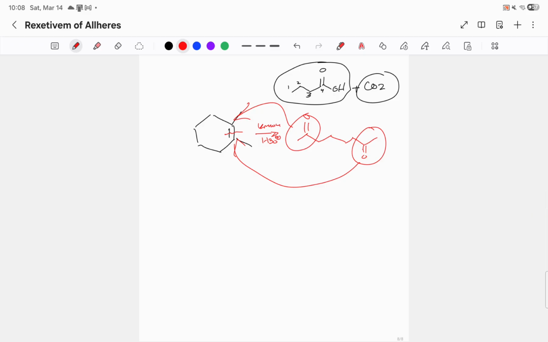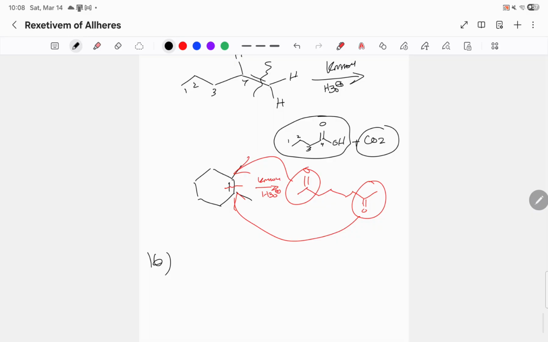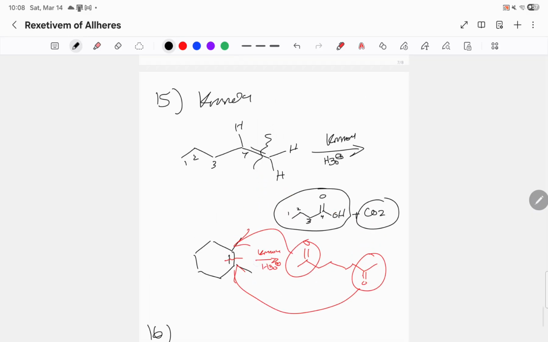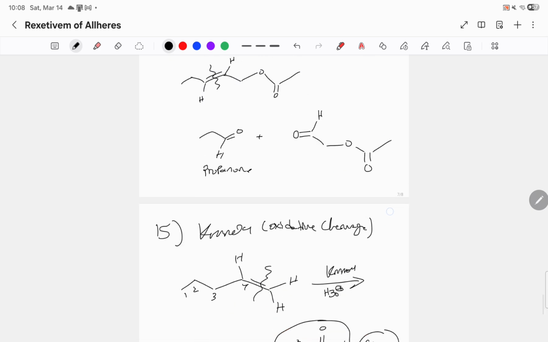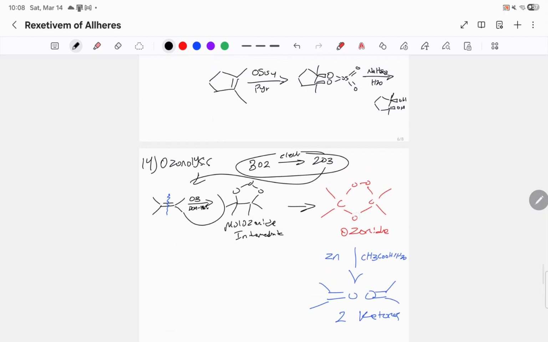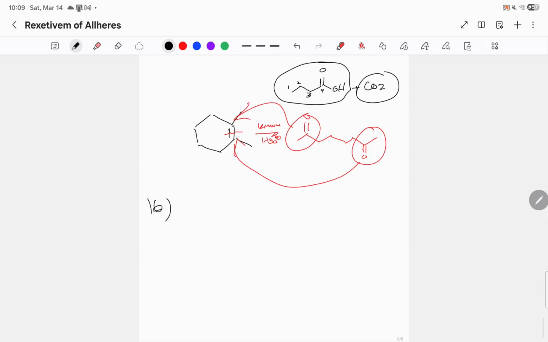So the last one I want to talk to you guys about, number 16, is oxidative cleavage. Again, all of these have been oxidative cleavages, and ozonolysis is another oxidative cleavage. In both of these, we've worked with an alkene.